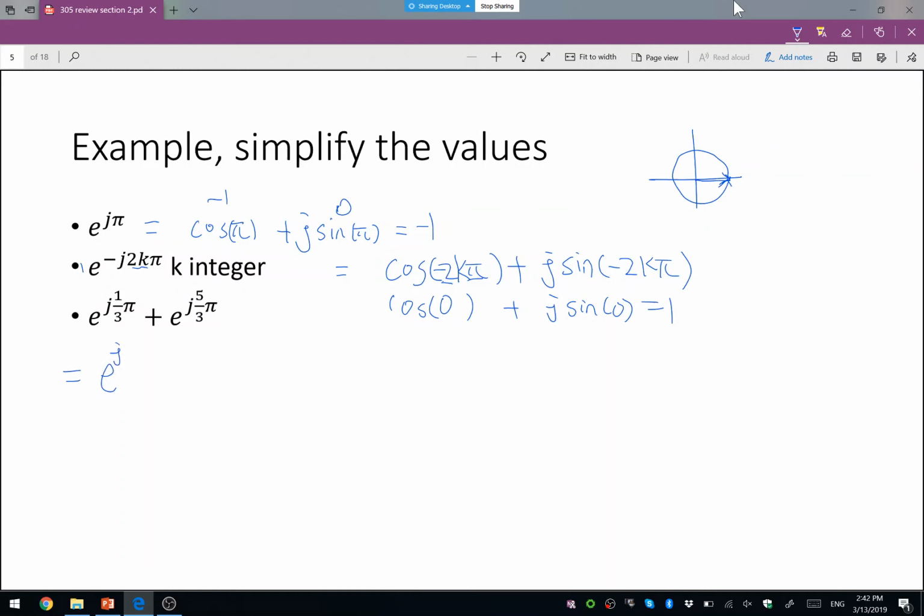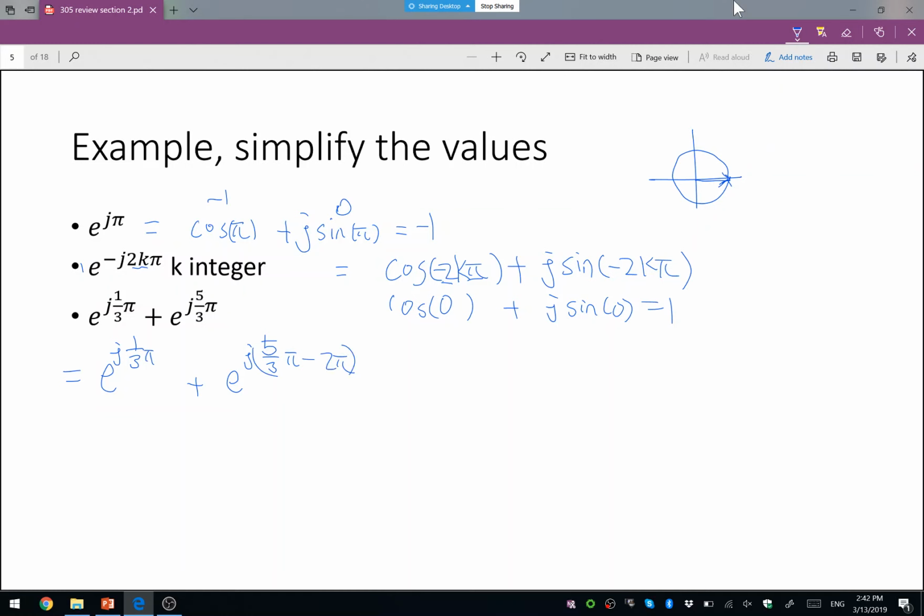The first one, let's keep it because it's pretty simple. The second one, I think 5 pi over 3 is sort of a big number in amplitude. So I try to see if it is another number in another period. So I use j 5 pi over 3 minus 2 pi.